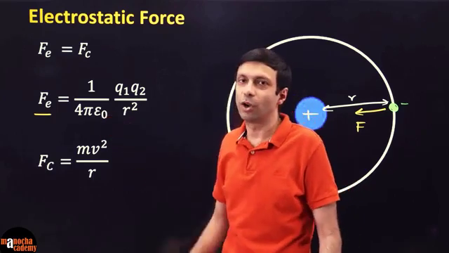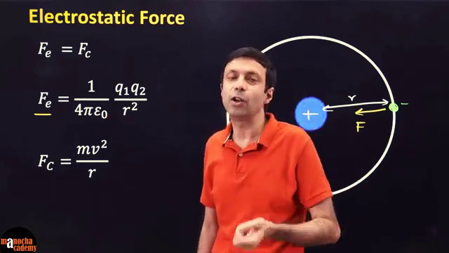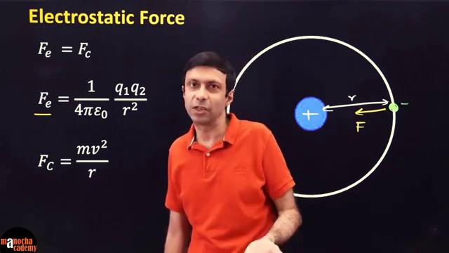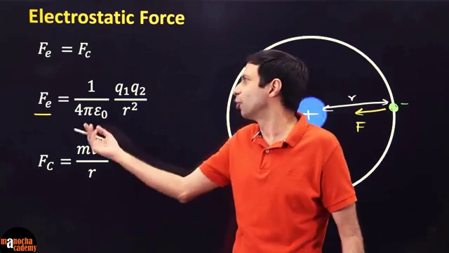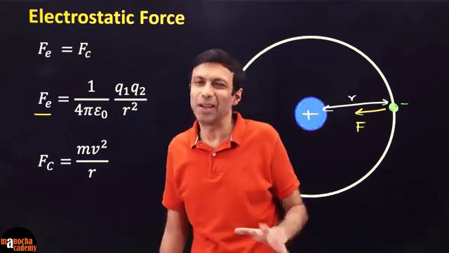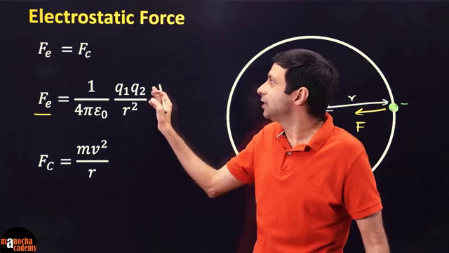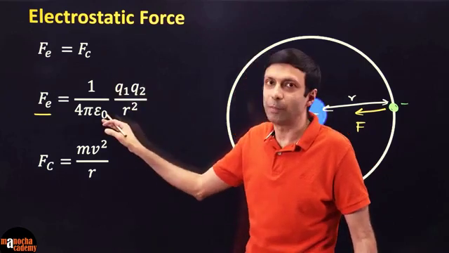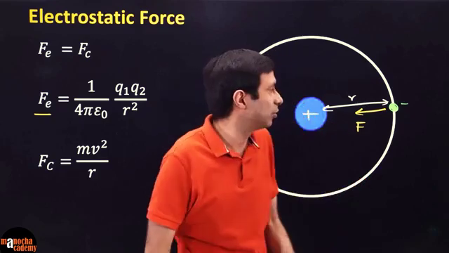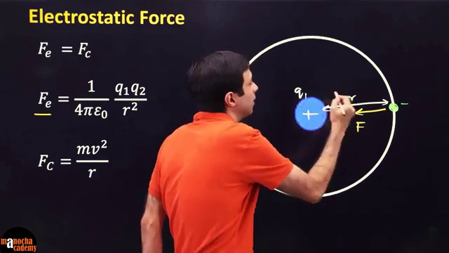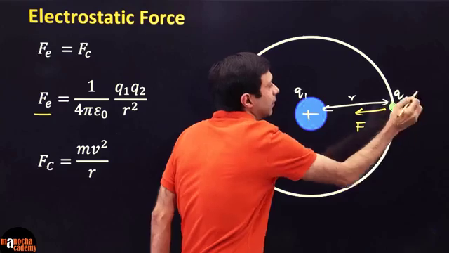And epsilon naught is the permittivity of free space. So it is a constant over here. And then of course you have your pi, 22 by 7 approximately. So this is the electrostatic force formula between two charged particles, Q1 and Q2. So we can say that this is our Q1, this is the Q2.